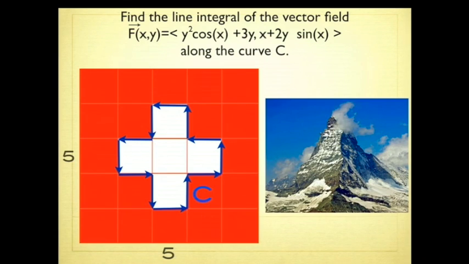So it's qx minus py. That's the formula. So what is qx minus py? Qx is equal to 1 plus 2y cosine x, and py is equal to 2y cosine x plus 3.